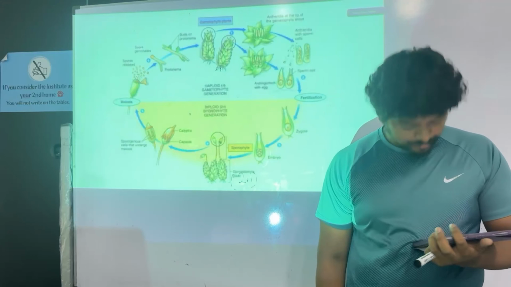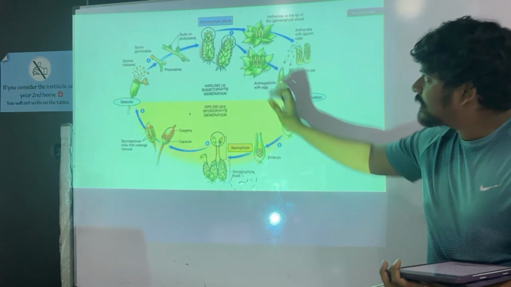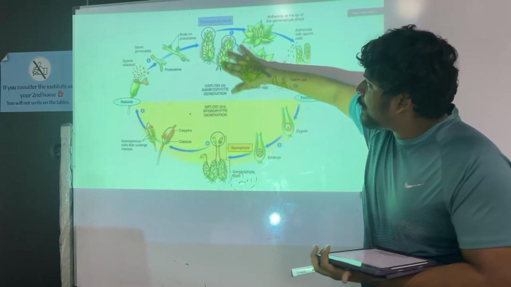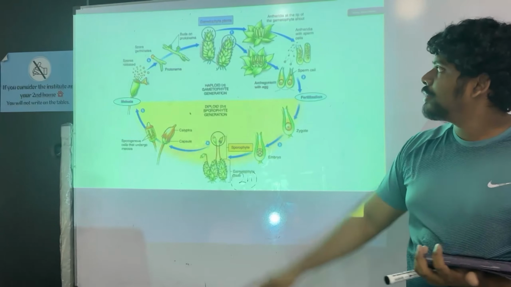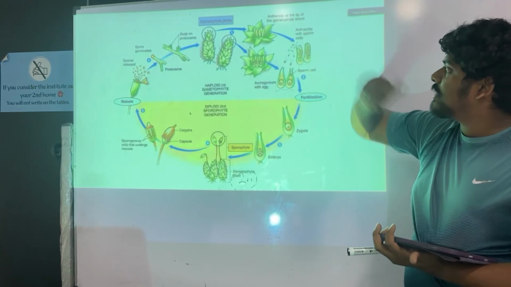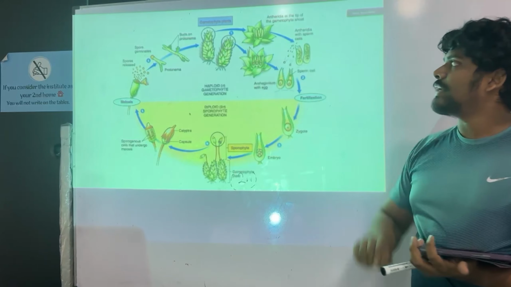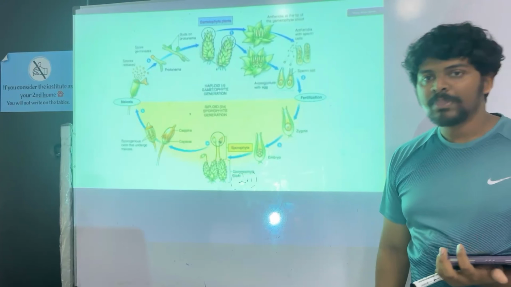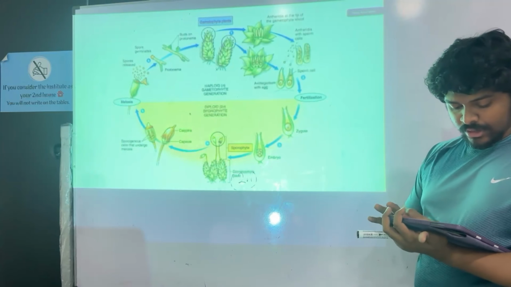Is that clear? Right. So take a look at this one. Again, easy way for you to remember. There are two gametophytes according to the diagram given in your tute. One gametophyte is a male one, the other one is a female one. What do you understand from that? It is dioecious. Okay? Right.